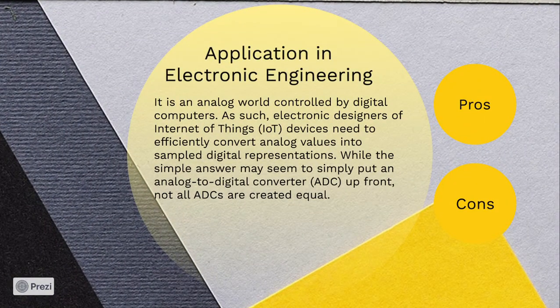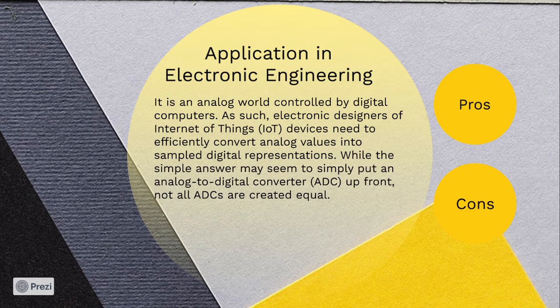Application in electronic engineering. It is an analog world controlled with digital computers. As such, electronic designers of Internet of Things devices need to efficiently convert analog values into sampled digital representations. While the simple answer might seem to be to put in an analog to digital converter, not all ADCs are created equal.